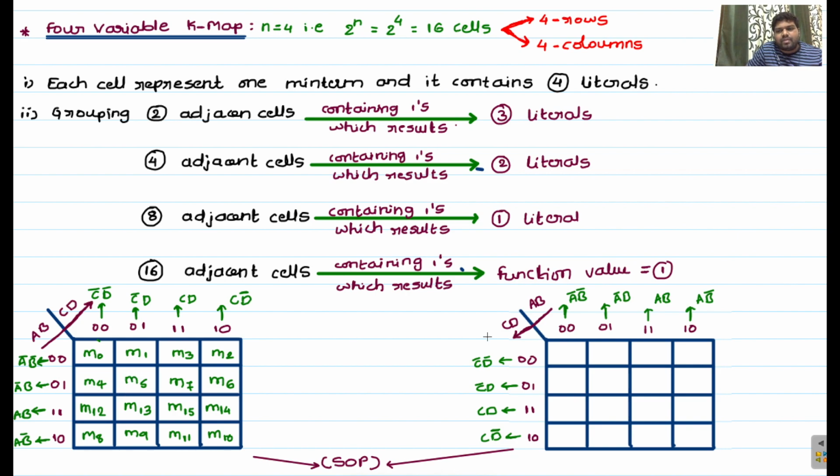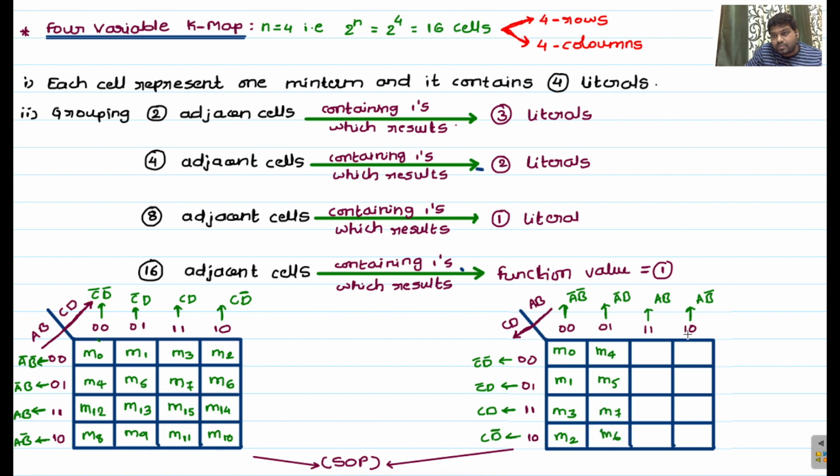In the same way you can fill this one also. In this case we are taking the downward direction, so we move from top to bottom. Here I am indicating M0, M1. After that you go for 10, M2, then you come to 11, M3, next M4, M5, M6, and this one is M7.